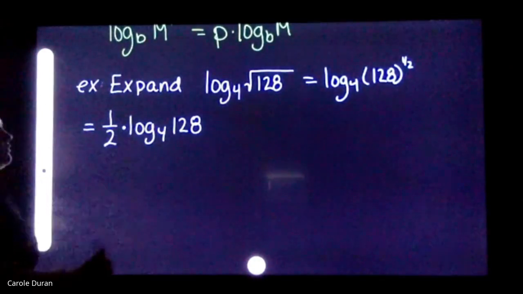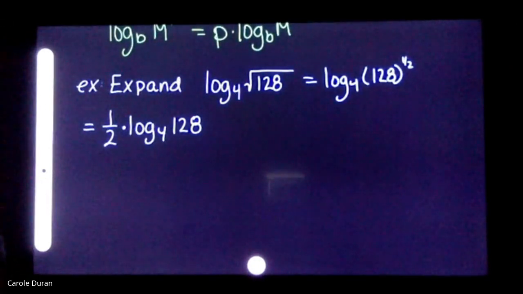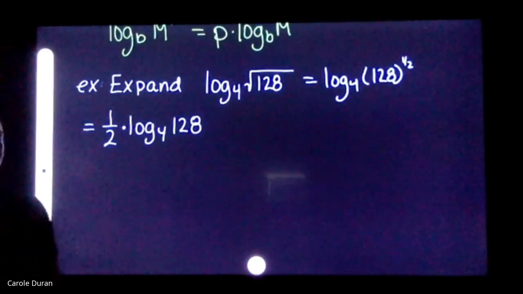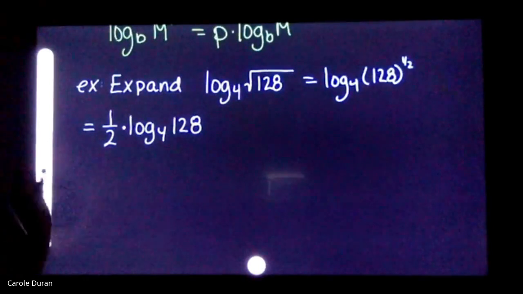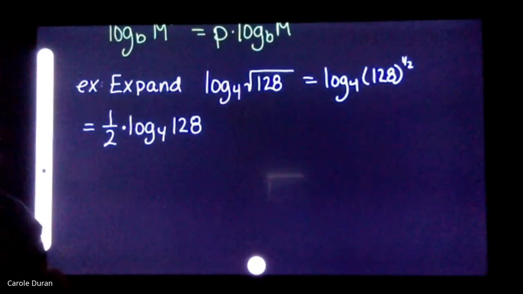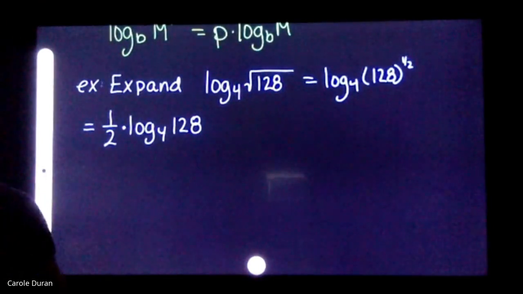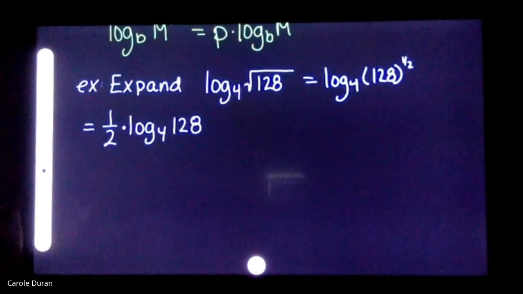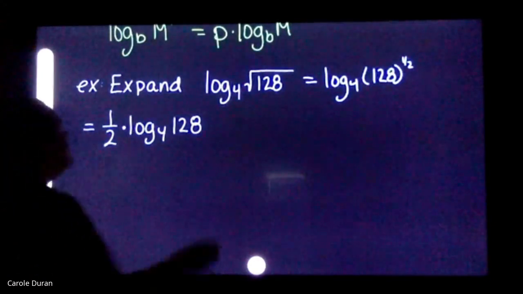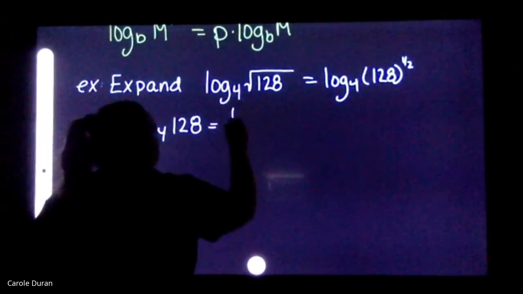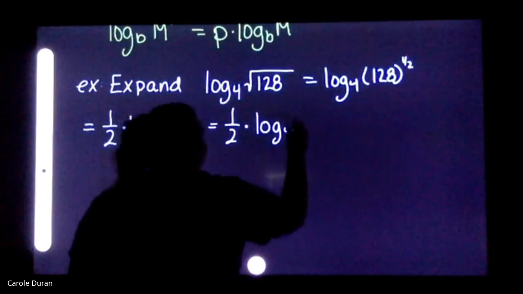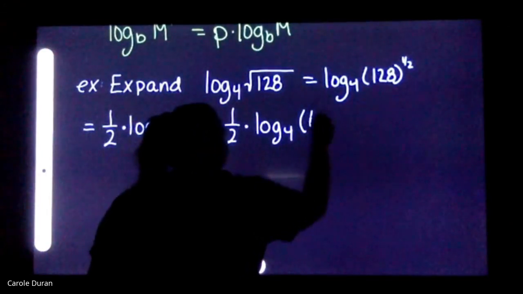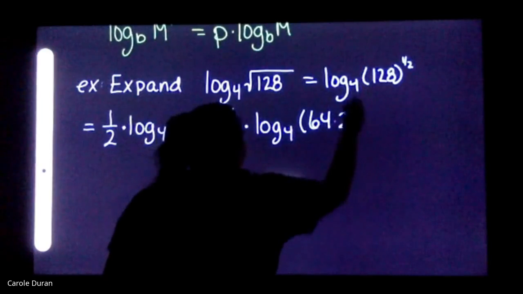Yeah. 128 is a pretty big number. So what I would like to do is break that up into two smaller numbers that multiply together to get 128. The ones that I came up with were 64 and 2. So then this is the same as 1/2 times log base 4 of 64 times 2.